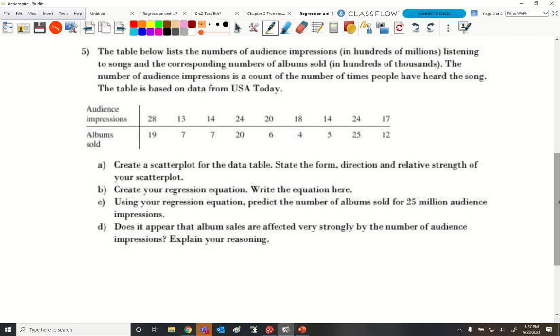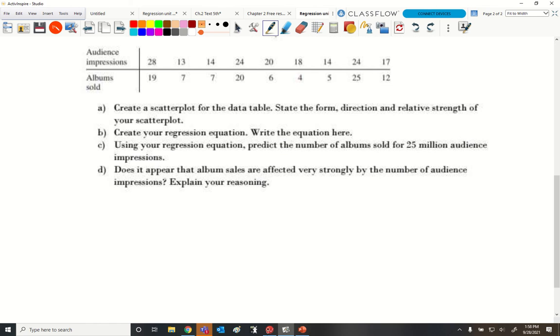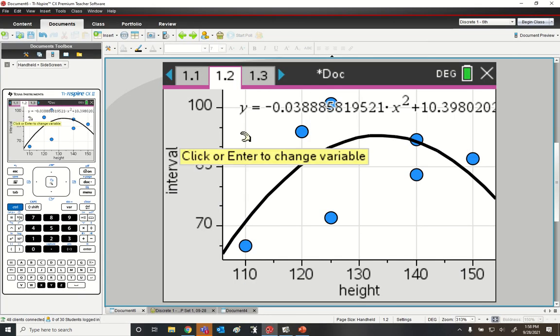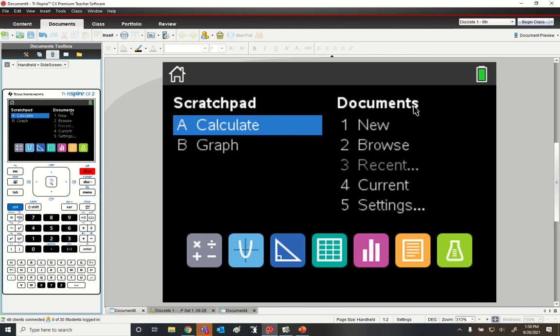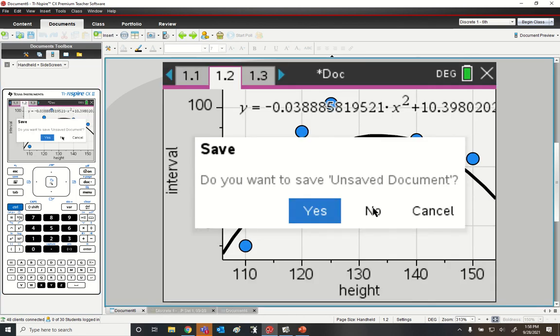Now we're coming up to question 5. It's another table. How do I start this off? New document, right? Got to do a new document. So on my calculator, I'm going to hit Home, New Document, and don't save the old one.